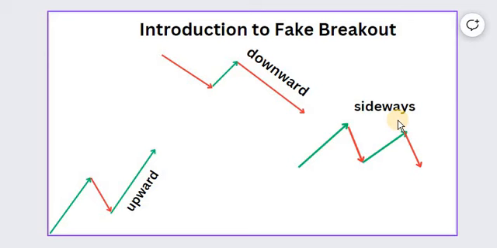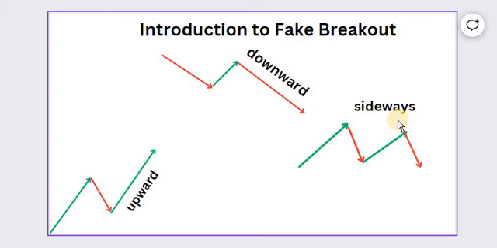So what we have to do now is that we are not only going to identify the market sentiment, but we have to identify it fast enough as it occurs. That means when we are seeing an uptrend, we should take advantage of that uptrend immediately.